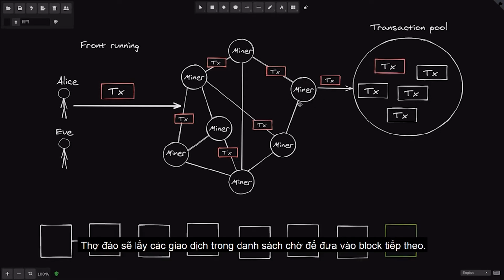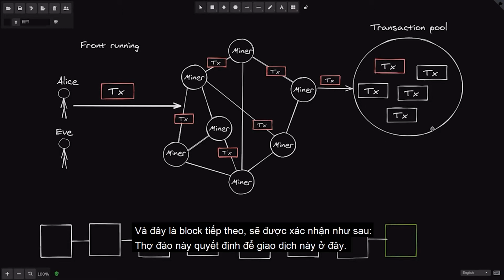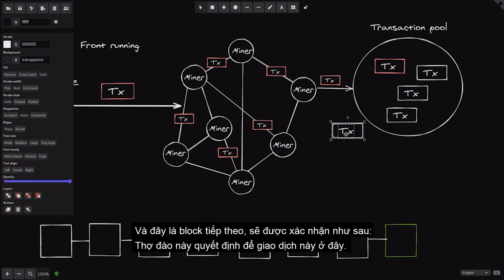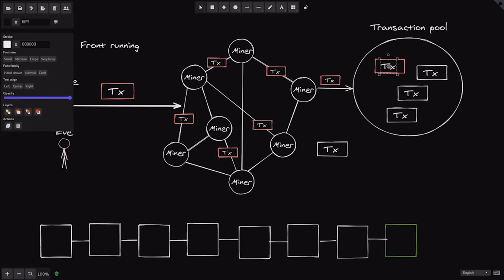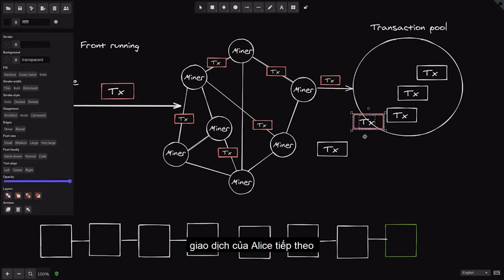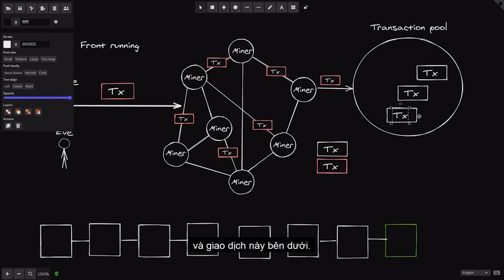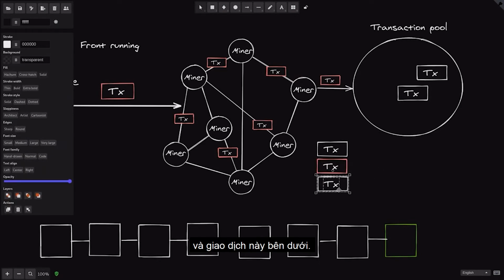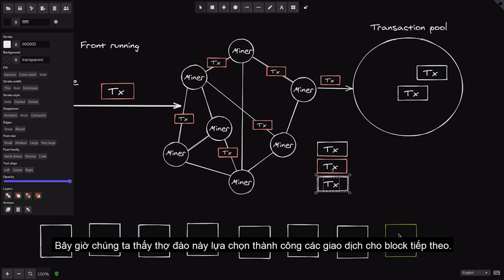Each miner will pick some transactions from the transaction pool to be included in the next block. So let's say that this is the next block to be mined. And this miner over here decides to pick this transaction, and then Alice's transaction, and then this transaction to include these in the next block.